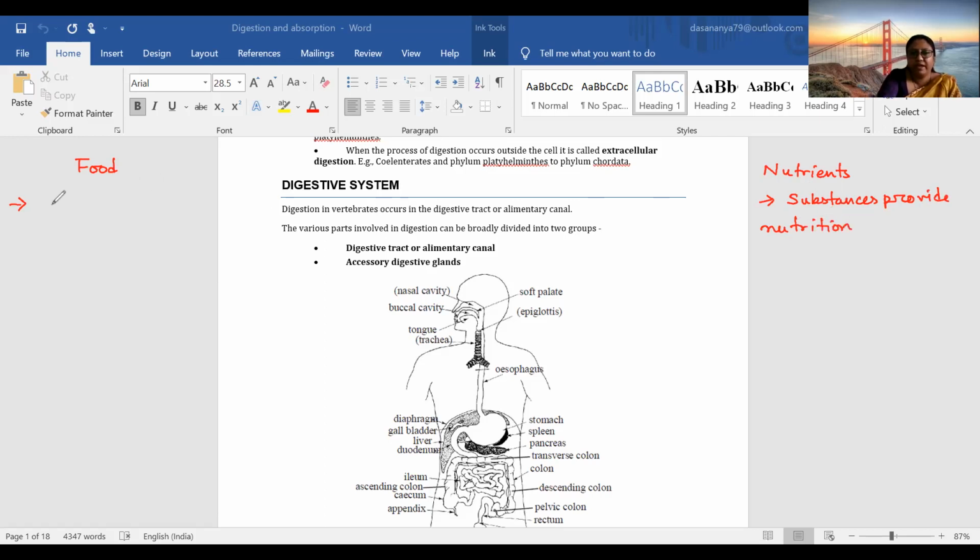Whereas food means nutrient plus extra substance.